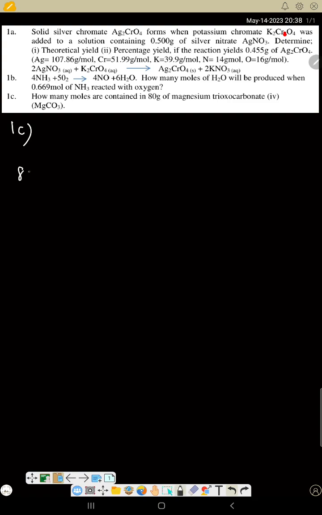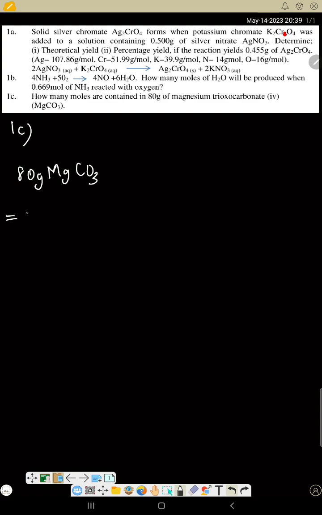That means we have 80 grams of MgCO3. So we want to go from 80 grams of MgCO3 to moles of MgCO3. So change this gram to mole.